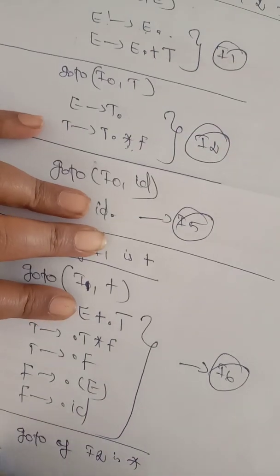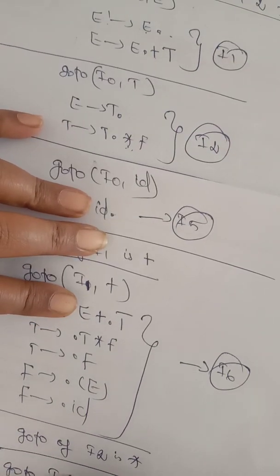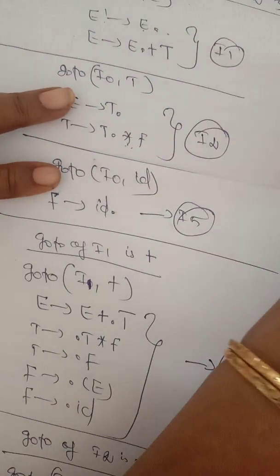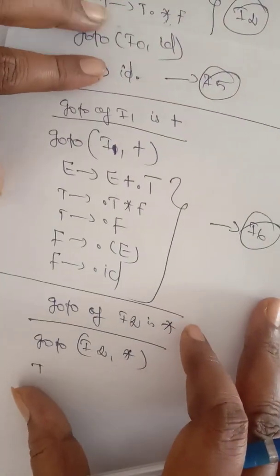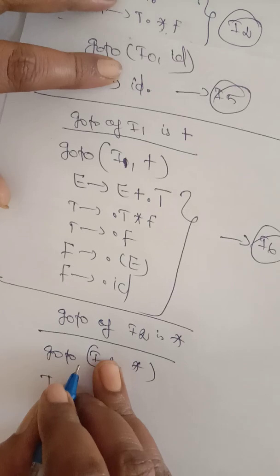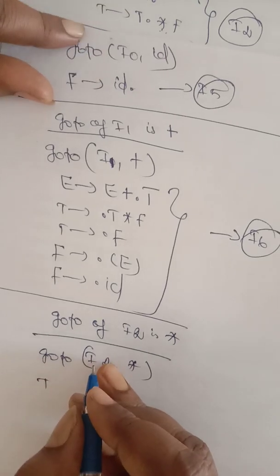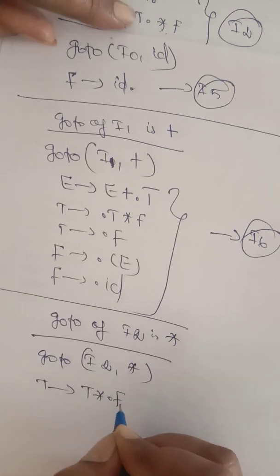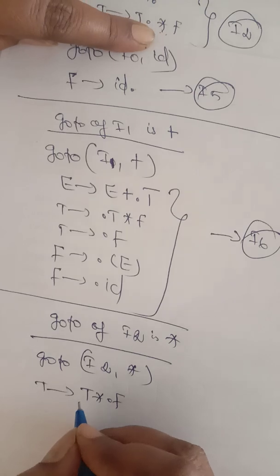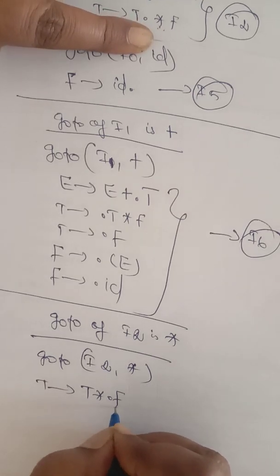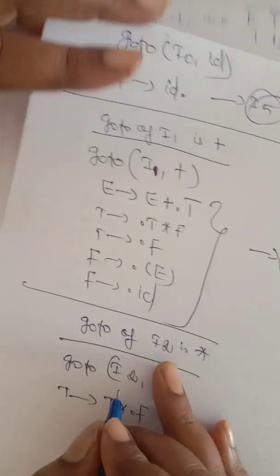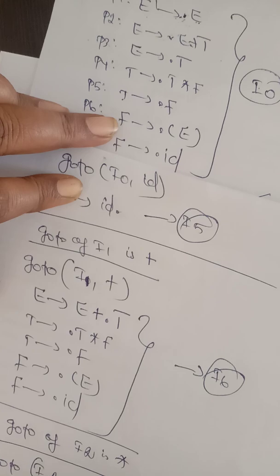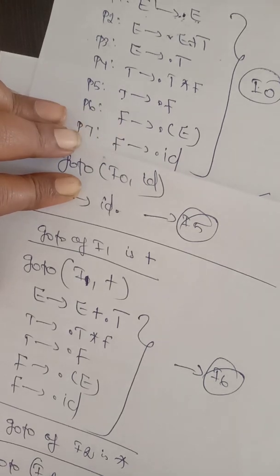Then goto of I2 comma star gives the answer T comes to T star dot F. What will happen? After that we are having F. Therefore copy the F productions from I0. What are the F productions from I0? F comes to dot open bracket E close bracket. F comes to dot ID.